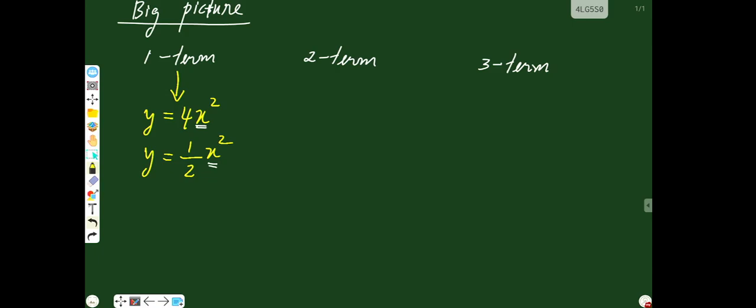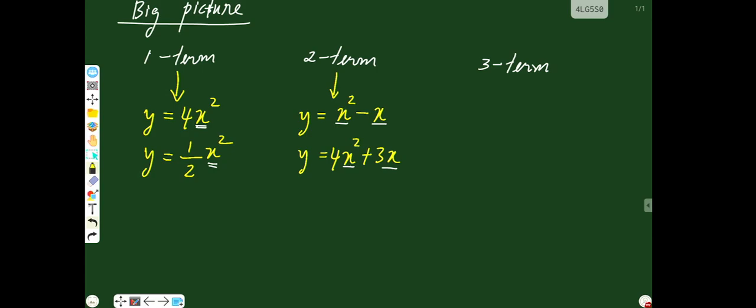Now, what about the two-term? Two-term would be like y is equal to x squared minus x, or y is equal to 4x squared plus 3x. Now you can see two terms are there, right?